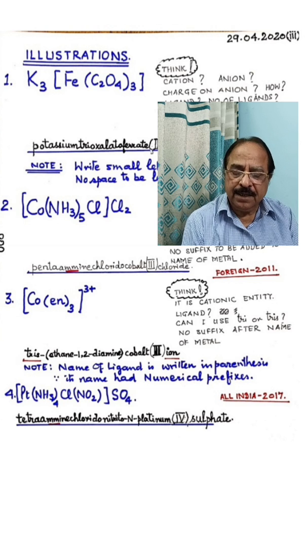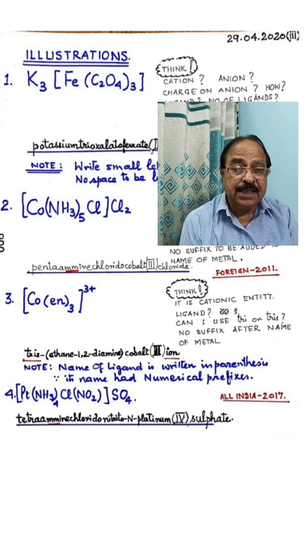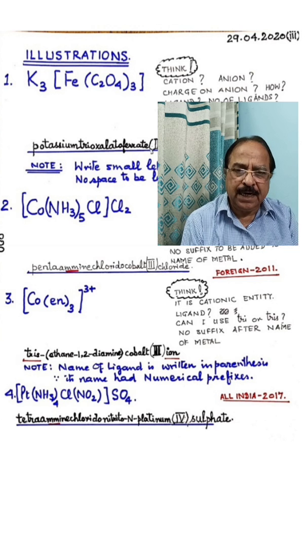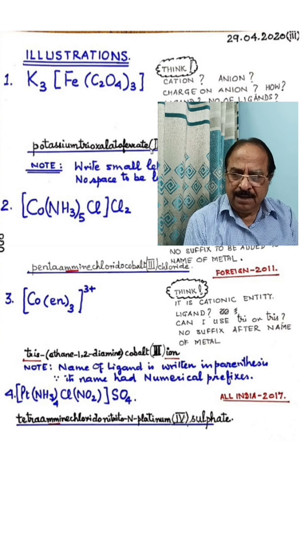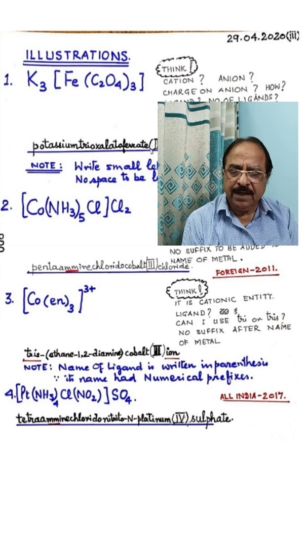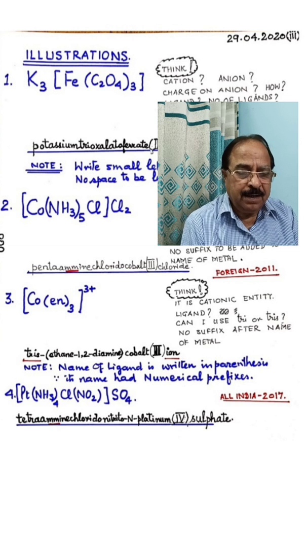Since ethane-1,2-diamine is a neutral ligand, the total charge on the coordination entity is because of the cobalt atom. So the cobalt atom has a +3 charge on it. So the name will be tris(ethane-1,2-diamine)cobalt in Roman numerals 3 ion.